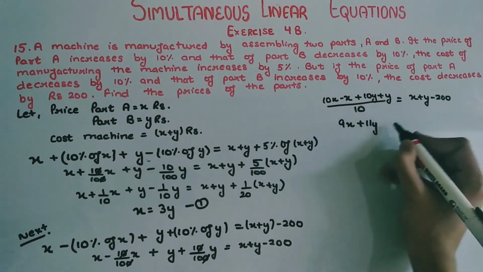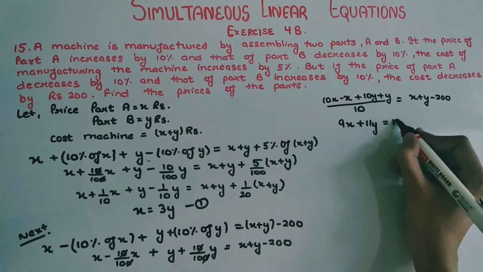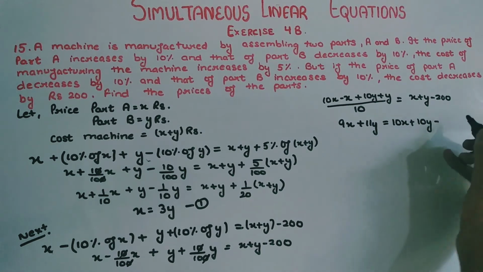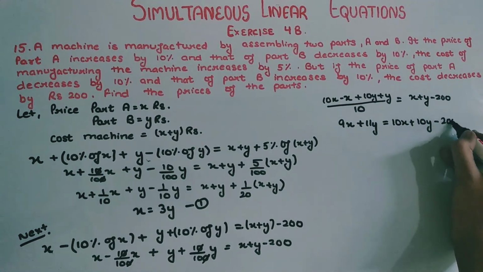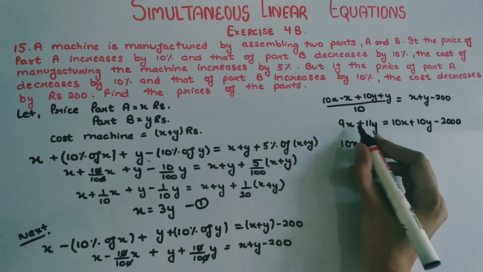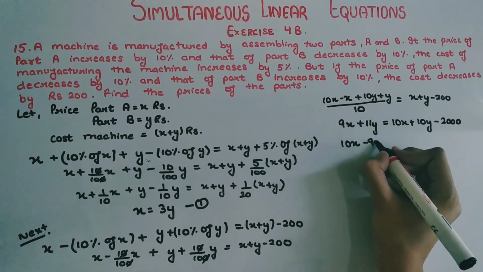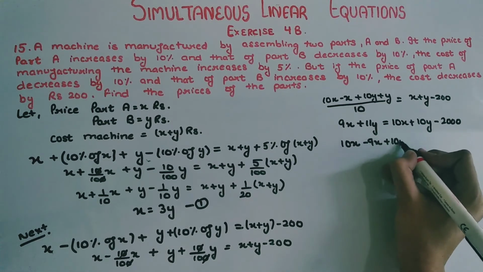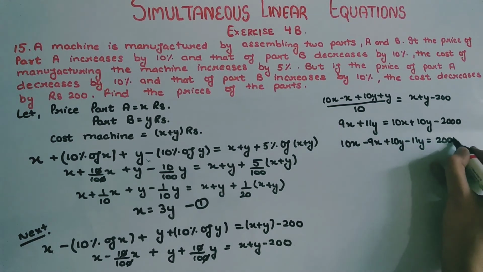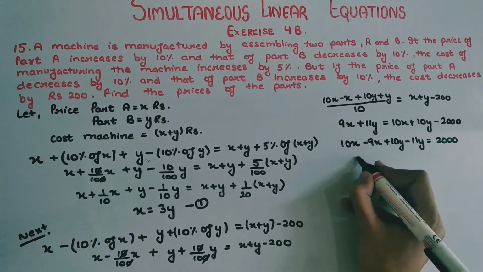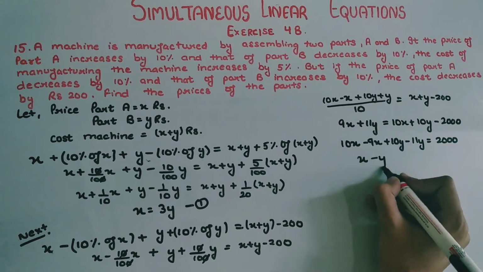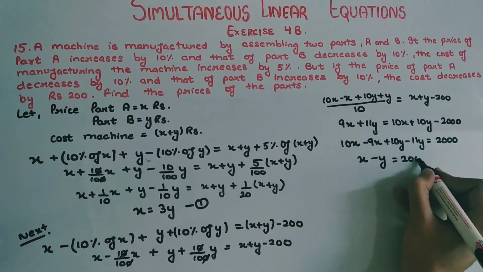We will multiply 10 to the other side. 10 multiplied by X, 10X, 10 multiplied by Y, 10Y, minus 200 multiplied by 10, that is 2000. Here we have 10X. We will take 9X, that is minus 9X, plus 10Y minus 11Y, that is equal to 2000. 10X minus 9X, X, plus 10Y minus 11Y, minus Y, that is equal to 2000.